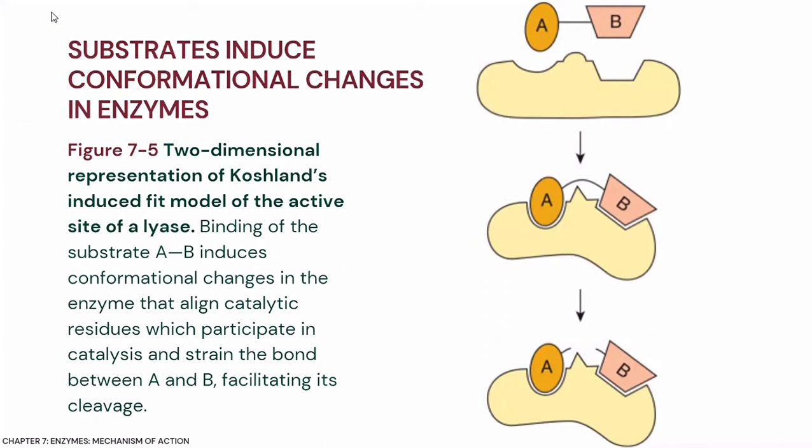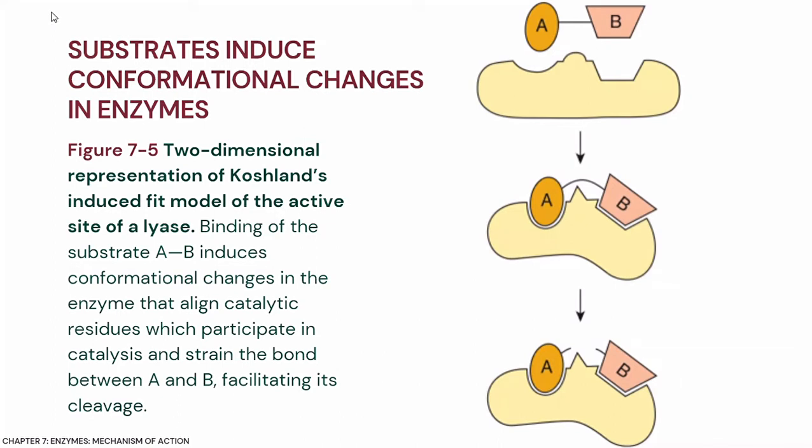The lock and key theory, and the other one is Koshland's theory. The lock and key theory, just from the word, the lock needs to have the right key. And if you do not have the right key, it does not open the lock.